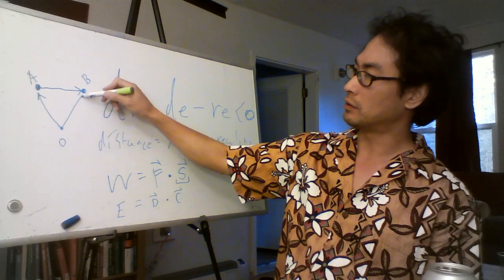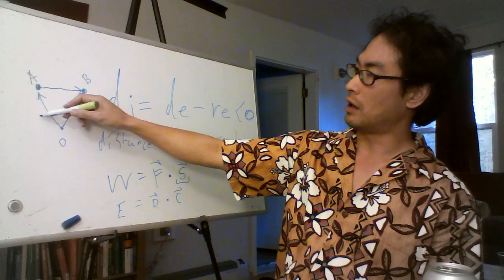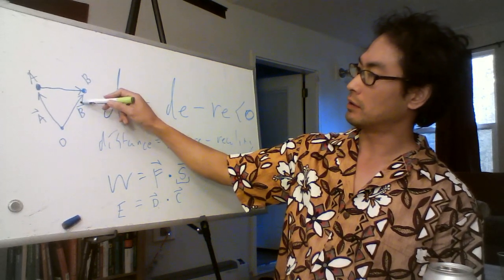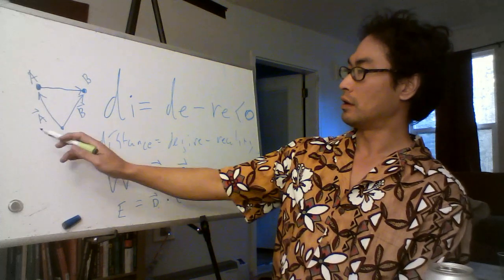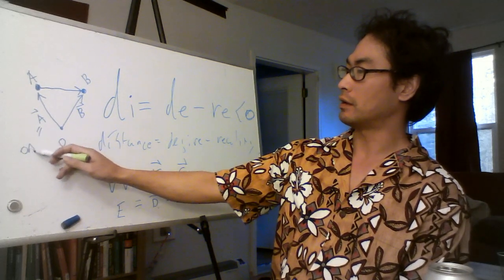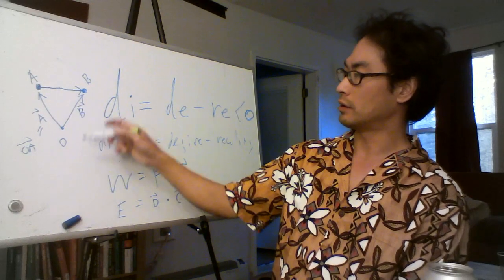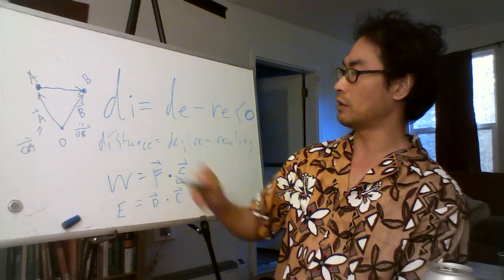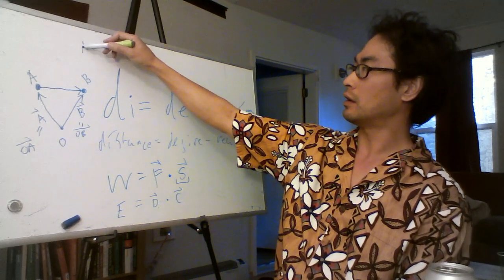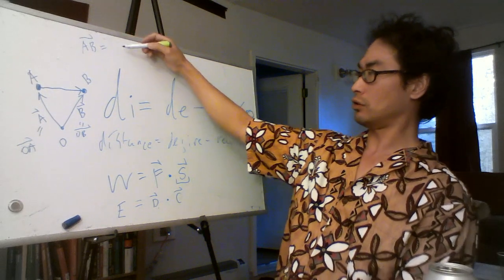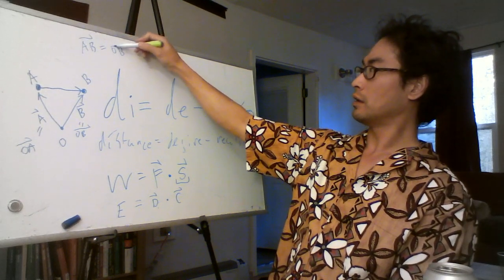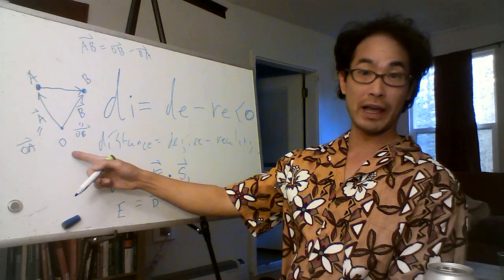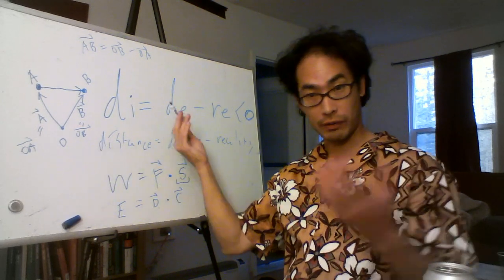This is vector A, this is vector B. It's the same as vector OA, from O to A. This one is the same as OB. We're doing linear algebra here. So AB is equal to OB minus OA. And this point O can be anything. It could be C, D, whatever.